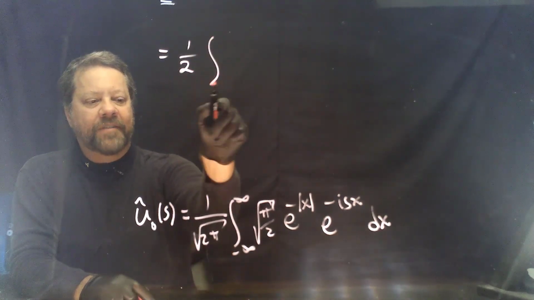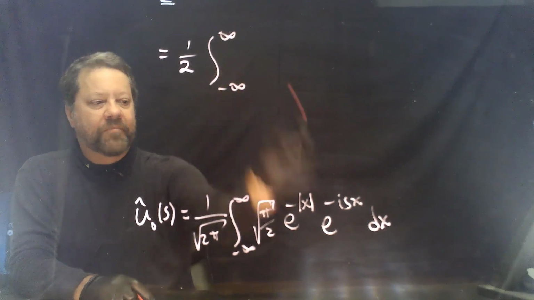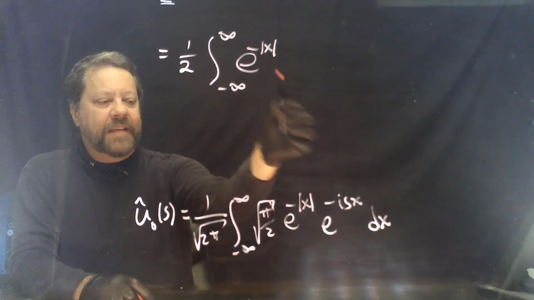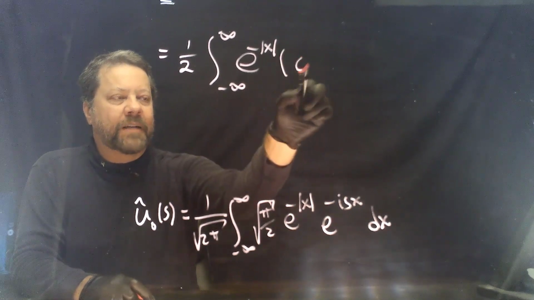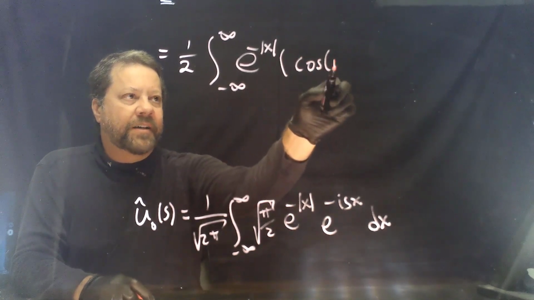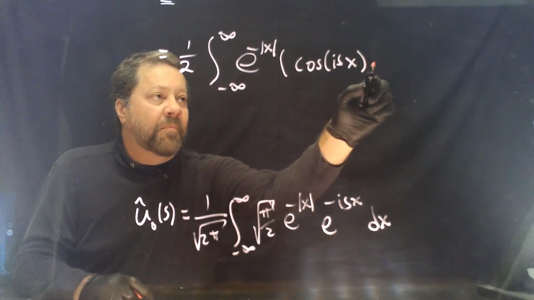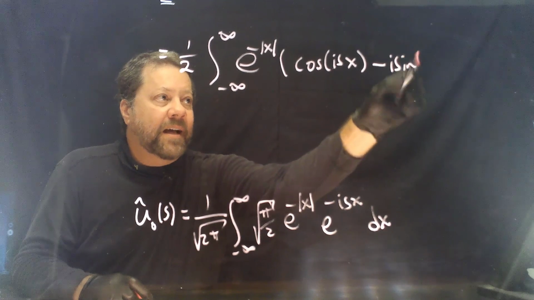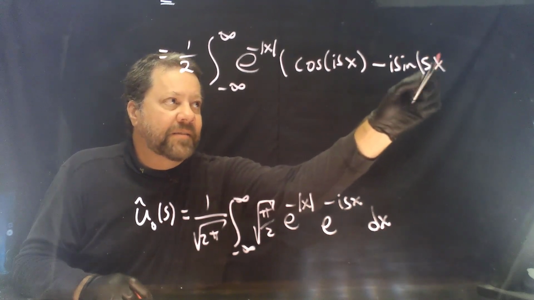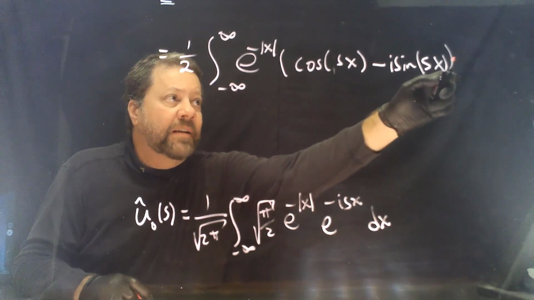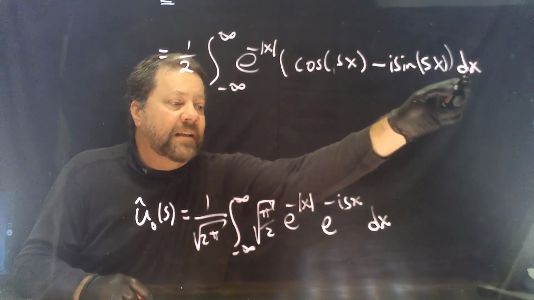We'll have 1/2 the integral from minus infinity to infinity. We have this e to the minus absolute value of x, which is an even function, but it's being multiplied by cosine of sx minus i sine of sx, using Euler's formula, and then dx.